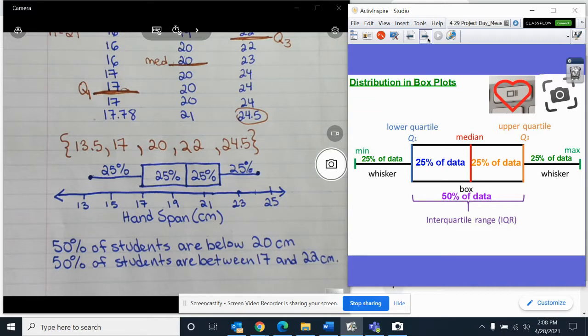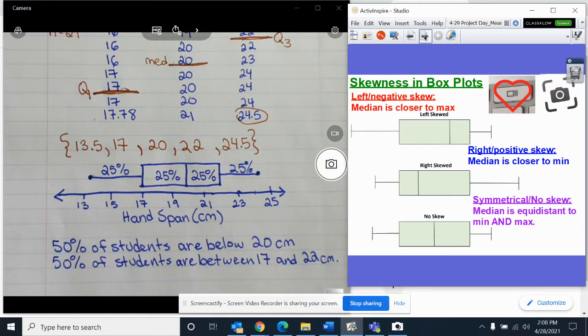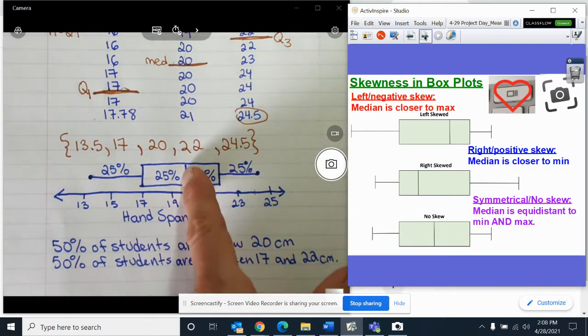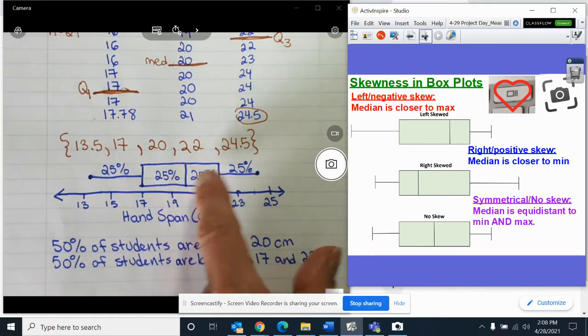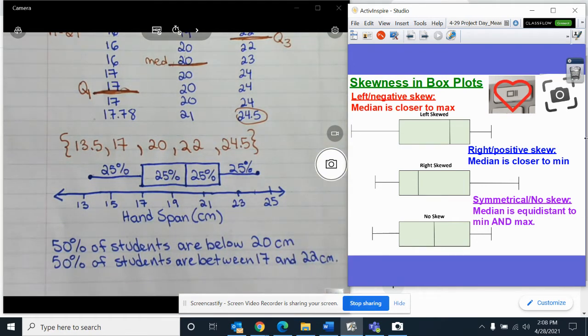Now let's also look at its skewness. If this line in our box is directly in the middle, then we know we would have a symmetrical box plot. There wouldn't be a skew. Where the median is directly in the middle, it's the same distance to the quartiles and the minimum and the maximum.